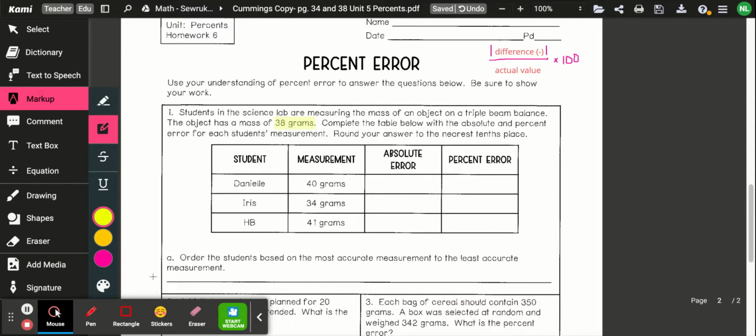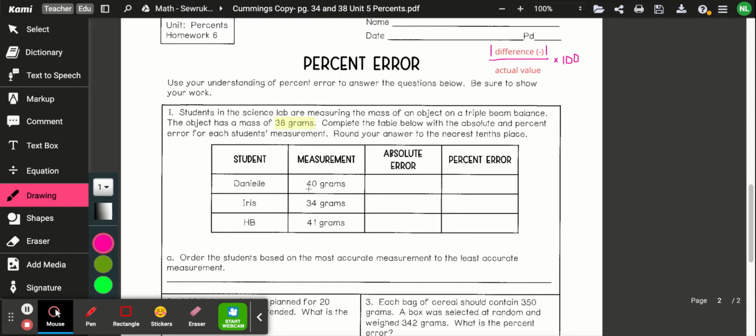So they want to know the absolute error. In order to find just the error, the difference between the two numbers, you are subtracting. So for this one, to find the absolute error, you are doing 40 minus 38. And you are going to write it right here.